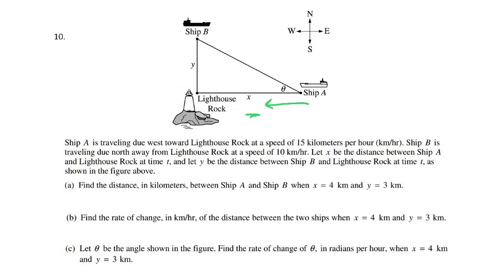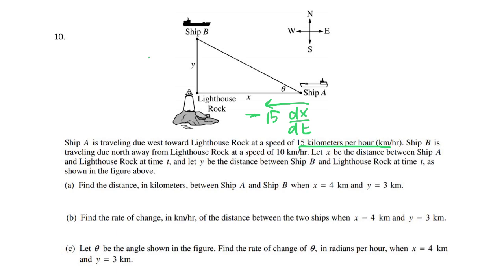So ship A, we're told, is traveling at 15 kilometers per hour. Here I would call that negative 15 kilometers per hour, and that's our dx/dt. Ship B is traveling north away from the lighthouse at a speed of 10 kilometers per hour.